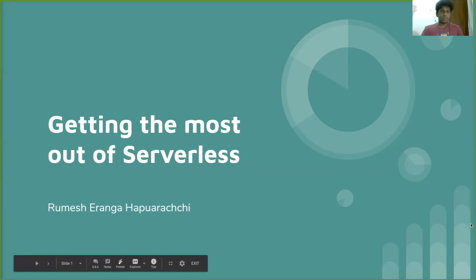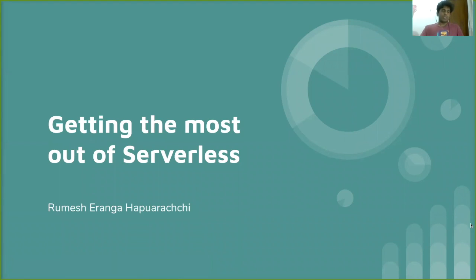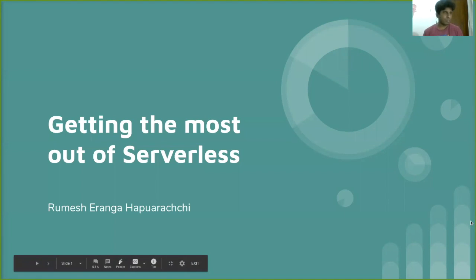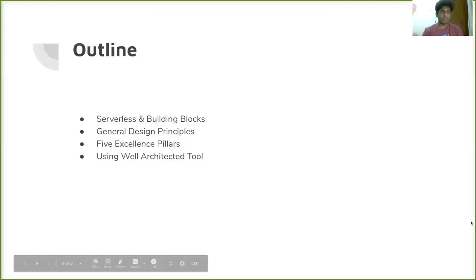So today, what I'm going to discuss is how to get the most out of your serverless application. First I will start with the building blocks. I'll give a small intro about the services that we can use, and I will discuss the general design principles that we can use to get the best out of the serverless application.